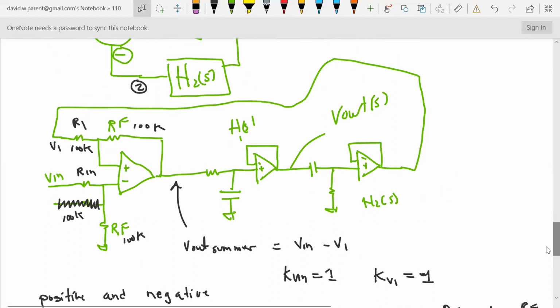Now I know this is a lot, but if you want to see a really humongous case study, just look at my videos and notes further on in the class. I think it's a 5th order Butterworth pulse width modulated filter, where it's a huge circuit, and I show how to do it all, right?